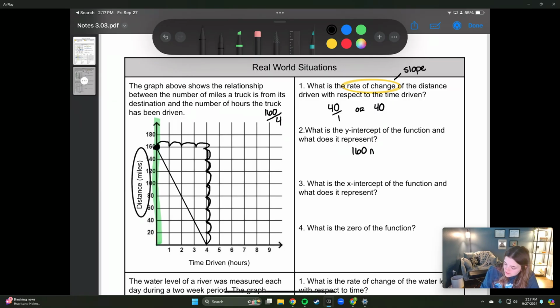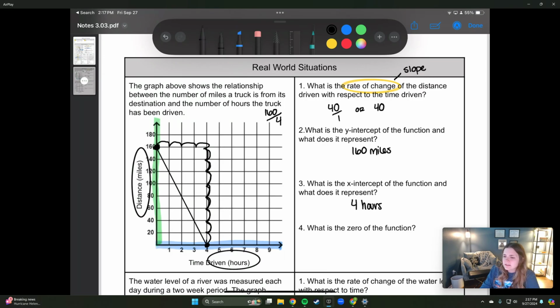Miles. 160 miles. Now the x-intercept is where it crosses on the x-axis, which is your horizontal. Well, where it crosses on the x-axis is right here at 4. But what does this represent? 4 hours.